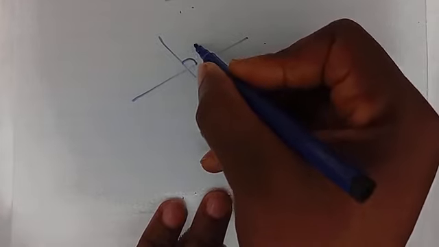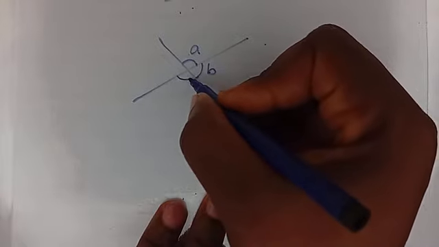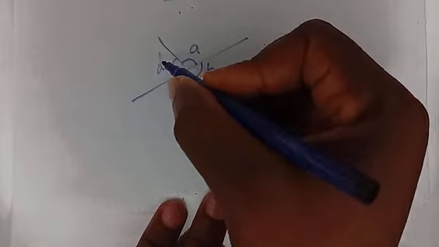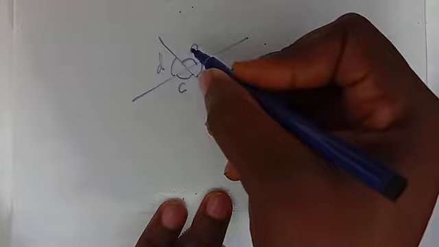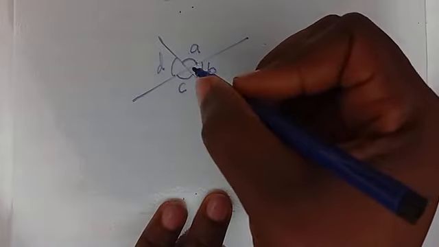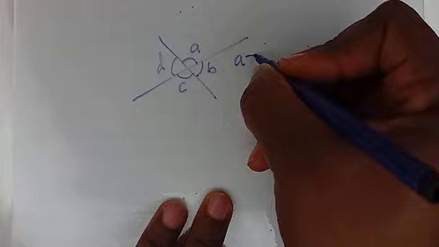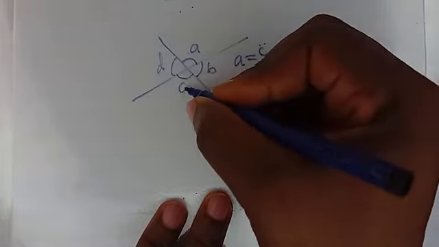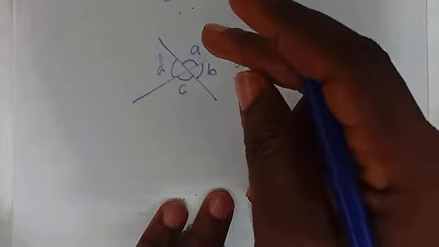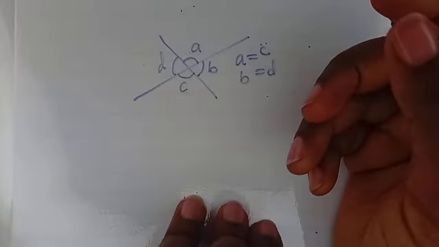Let's say this is angle A, this is angle B, angle C, and angle D, for example. We'll say that vertically opposite angles A and C are equal, and then B and D are equal. We are going to say that angle A is equal to angle C, and angle B is equal to angle D. So this is what we call vertically opposite angles.